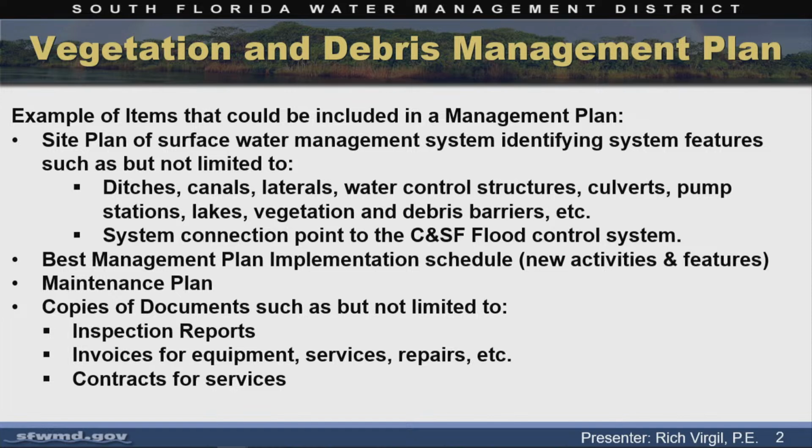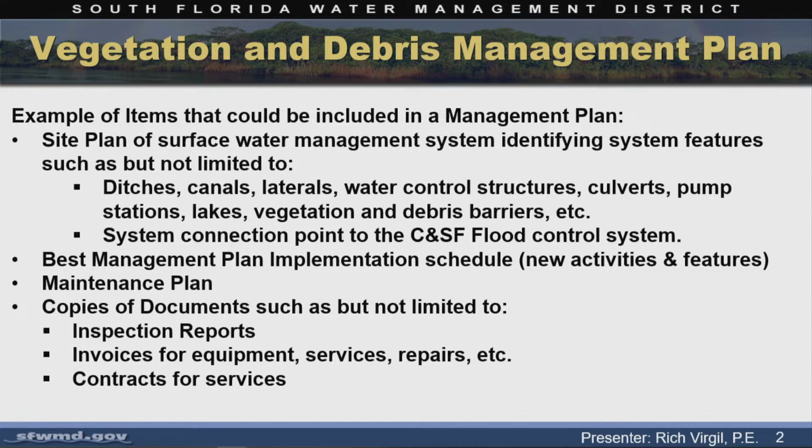So this here is some of the examples that I would include. Basically the start of a plan would be some type of site plan or map of your facility that identifies the features within your facility, mainly because what we'd be looking for is a maintenance plan for those facilities.